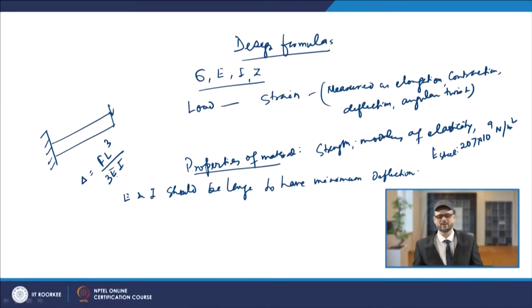Accordingly, you can form these cross sections by different forming processes so that you have larger values of E and I, and thus a smaller amount of deflection. That is how the design formulas are used, and you design for a better loading.